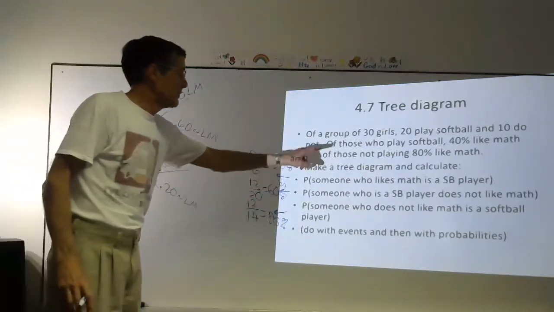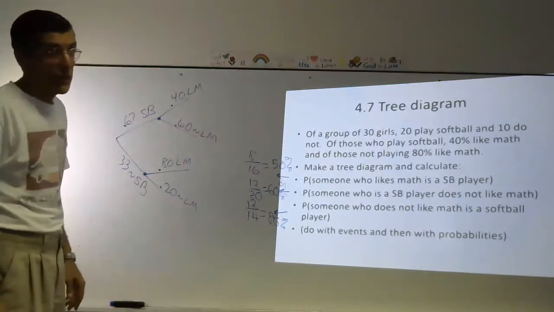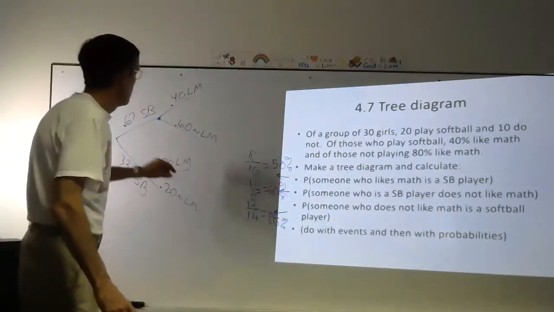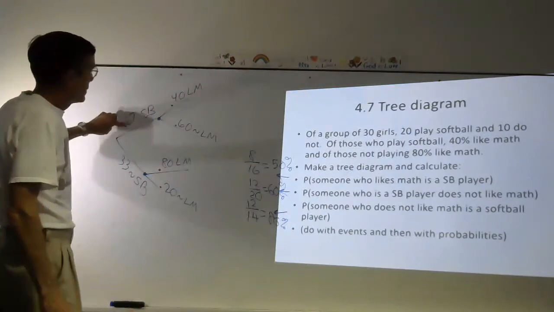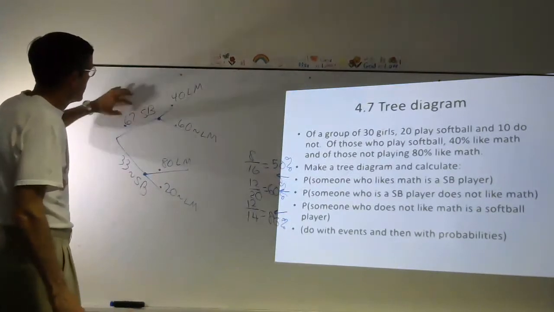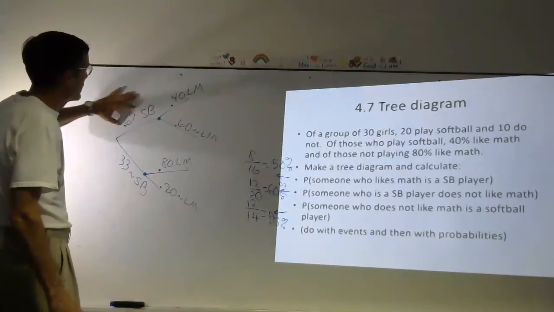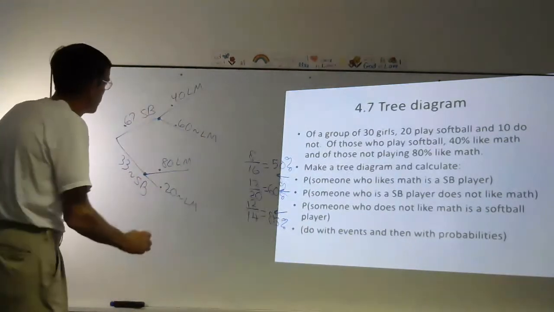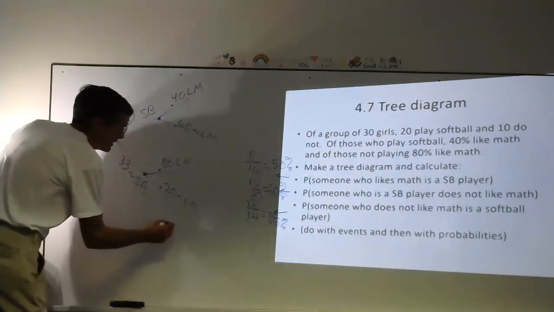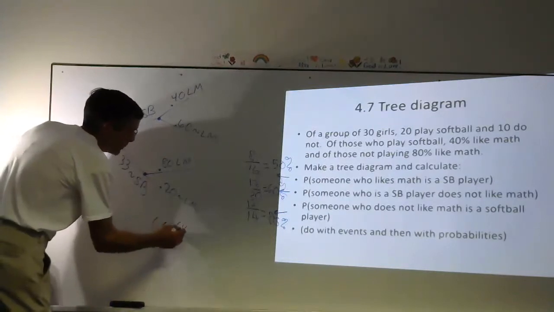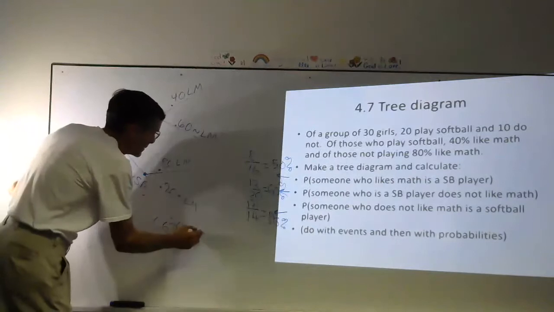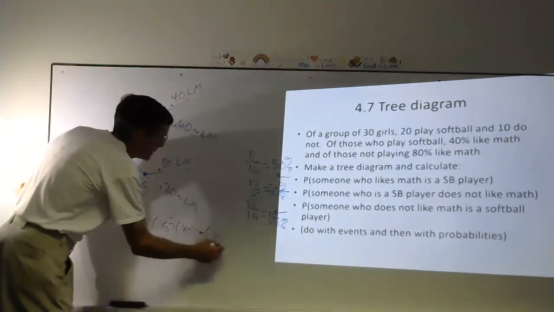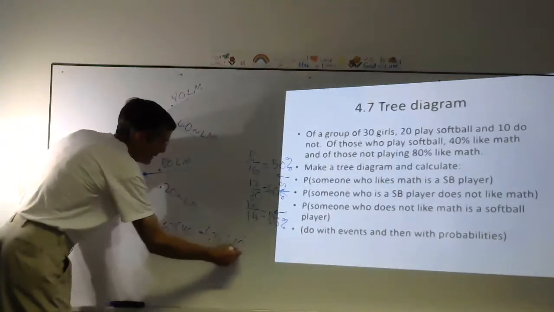The probability that someone who likes math is a softball player. First question. If somebody likes math, they're in this branch. To get to this branch, you had to first take 0.67, then times 0.40. So it's 0.67 times 0.40 for those liking math. Down here, it is 0.33 times 0.80.